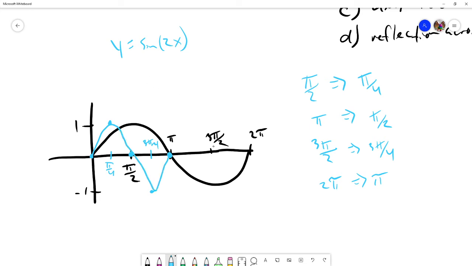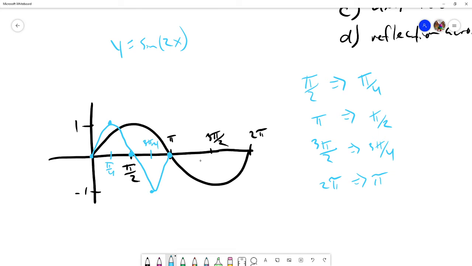So you could think of it as if we take our original values here and divide them by 2, that'll give you where the period change puts them. So if you took every single one of these values divided by whatever b is, that'll give you your new values for the corresponding x values, and the y values will stay as whatever they were originally.